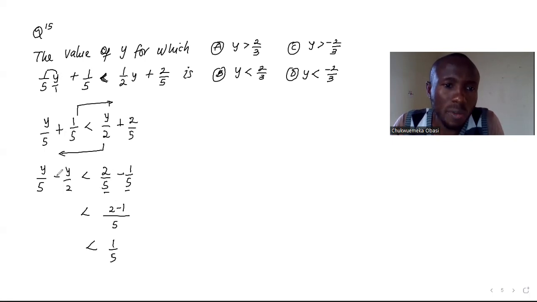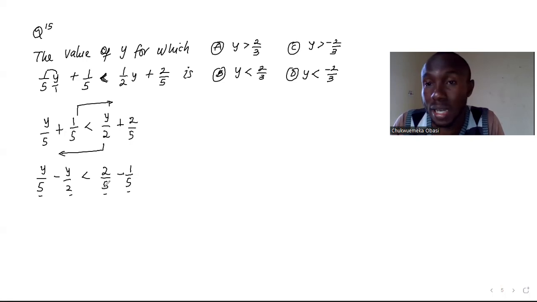Very simple. Now for these guys, they have different denominators. You can have different ways of solving this problem, but let me just make it a lot easier. Now we have 5, we have 2, we have 5, we have 5. The LCM of all of these denominators is 10, right?